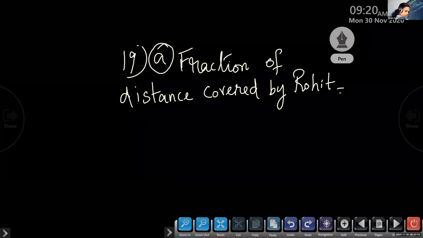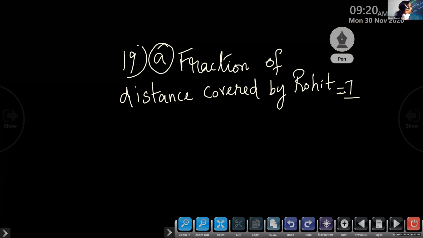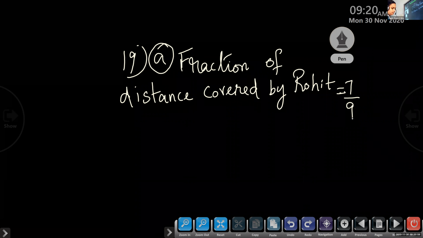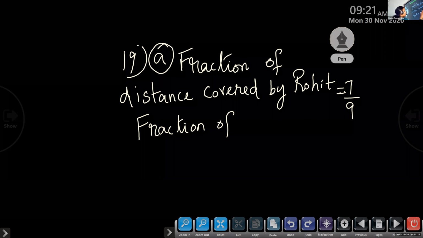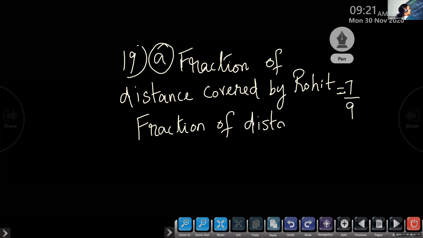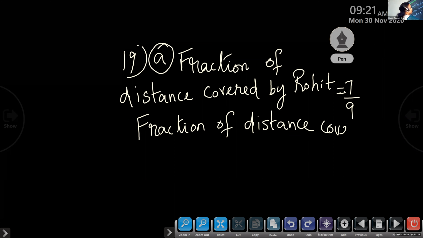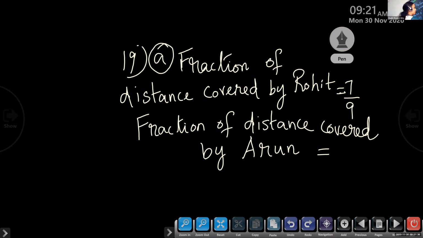Rohit covered 7 by 9. And Arun covered, so we can write the same step: fraction of distance covered by Arun, that is equal to 4 by 6.